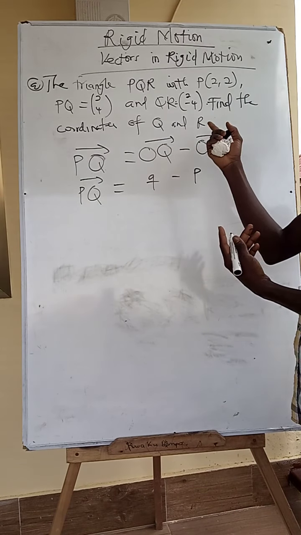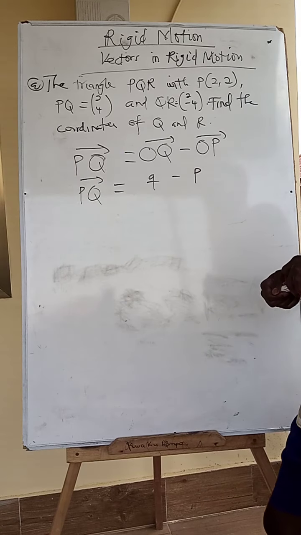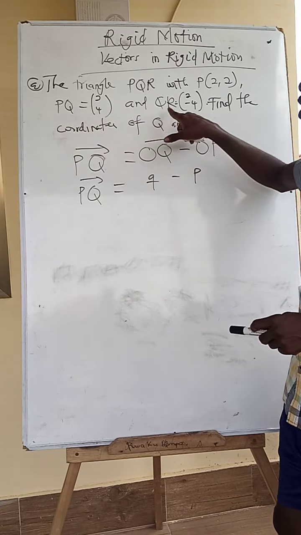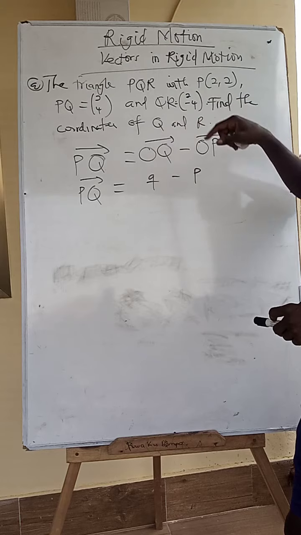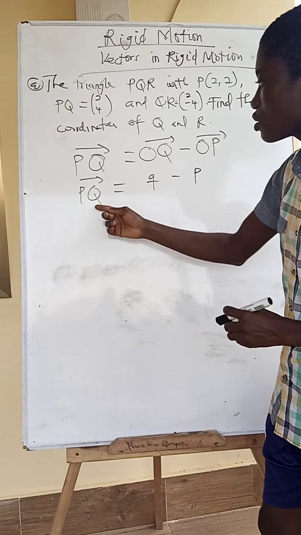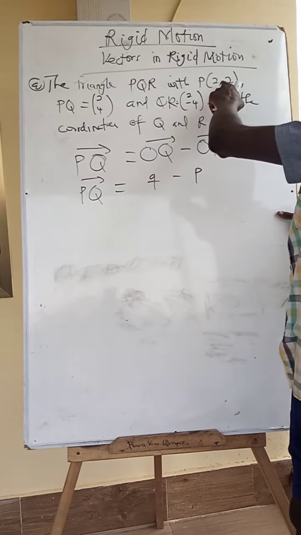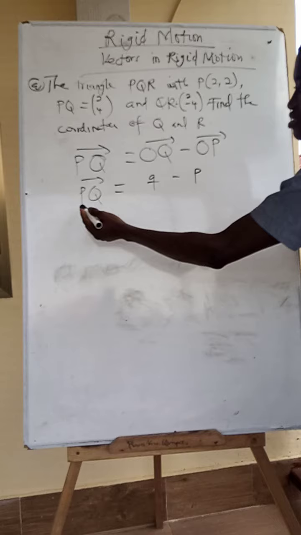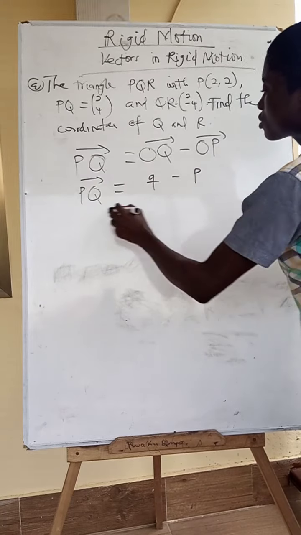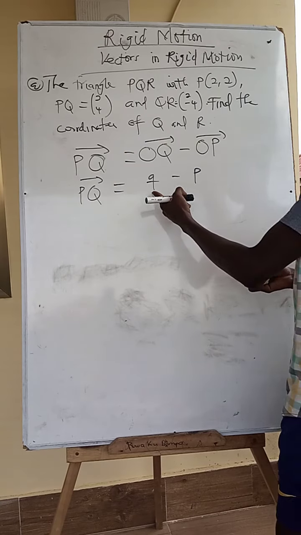When they ask you to find the coordinates of P, Q, and R, here in this question you find the coordinates of Q and R. But in the question, we have PQ as 2, 4, and we have QR as something. You know that here you have PQ, and you have Q and P, but in this question we have P already. So this particular one will help us find Q. Here we will make Q the subject.